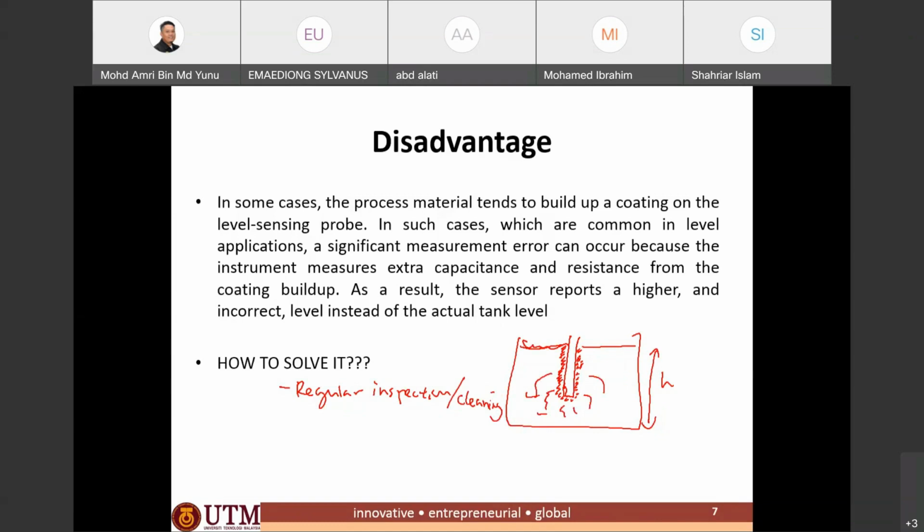But one of the typical solutions is to perform a regular inspection or cleaning, where we look into the electrode to see if there is any deposition, so we can remove it.